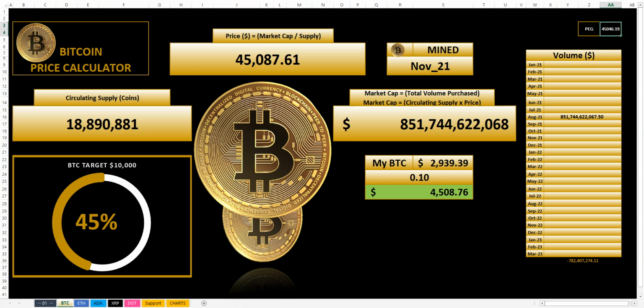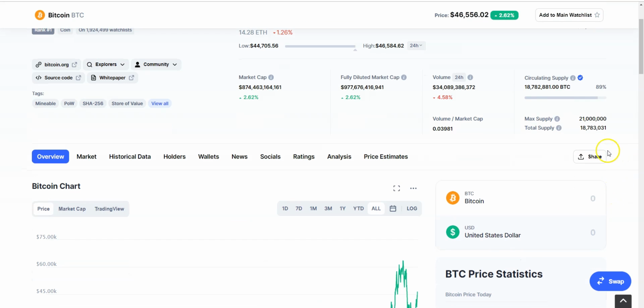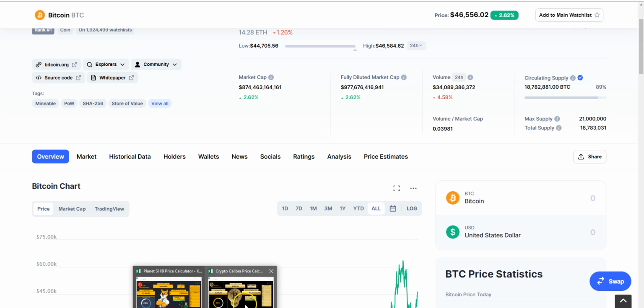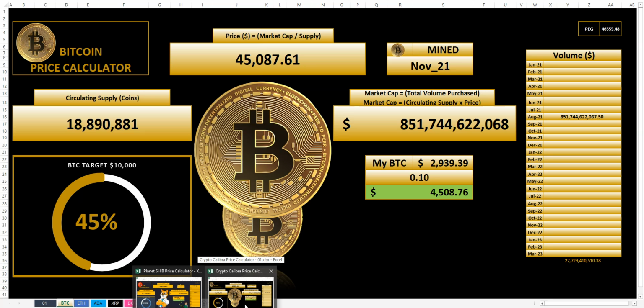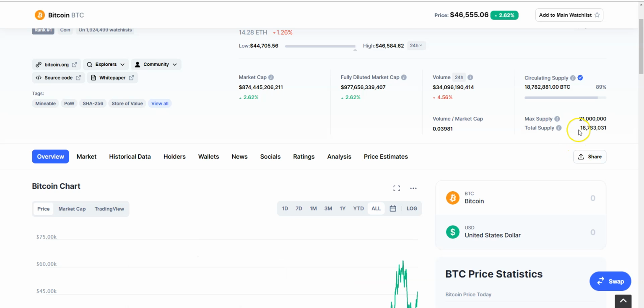I'm just going to configure the current price. Actually, what I need to do is make sure that the circulating supply is the same. We have 782,881. Okay, it looks like I'll need to adjust that. Just bear with me a second, guys, so that we can be accurate.